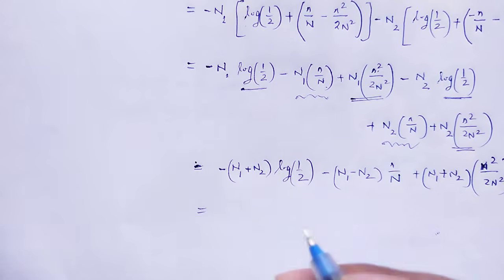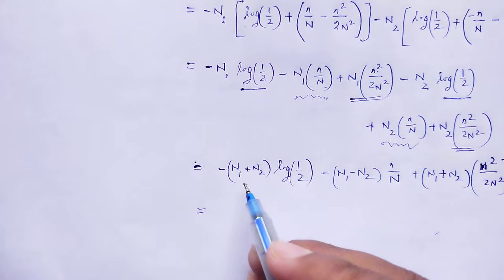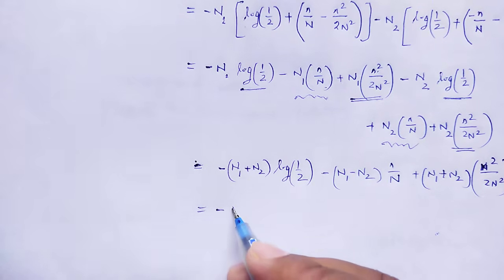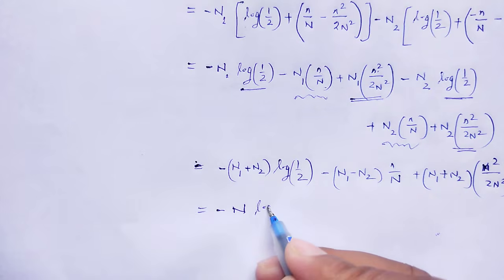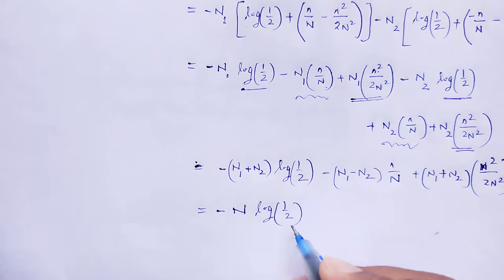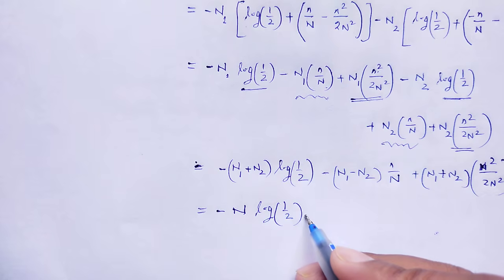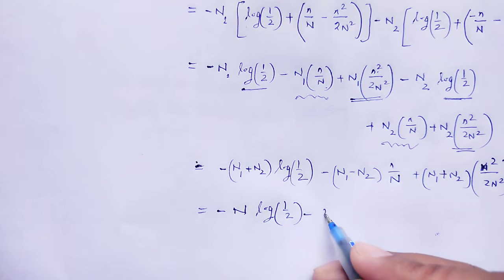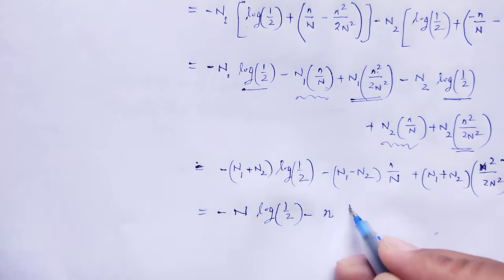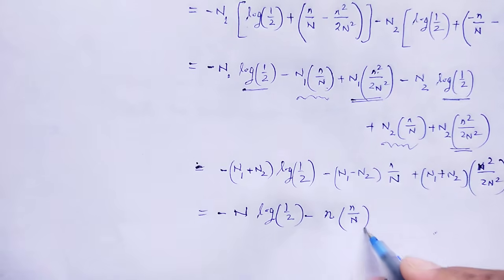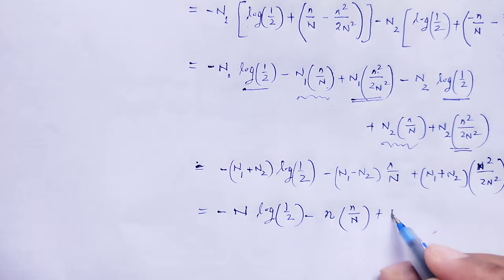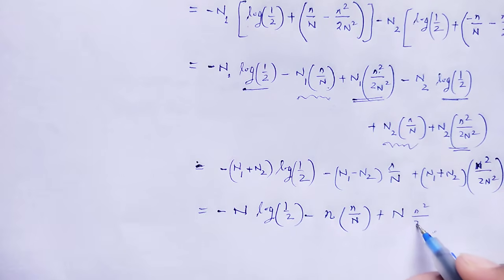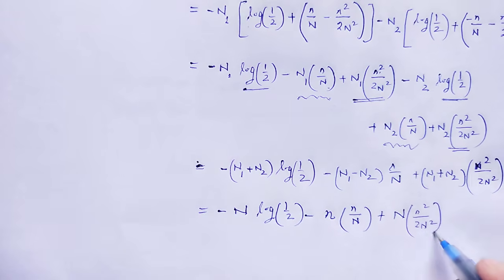Is equal to n plus n, that is capital N, total number of molecules, log half, minus n1 minus n2 small n into n by n, plus n1 plus n2 capital N, n square divided by 2n square.